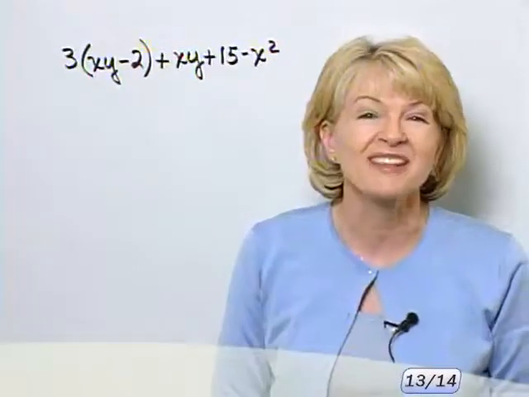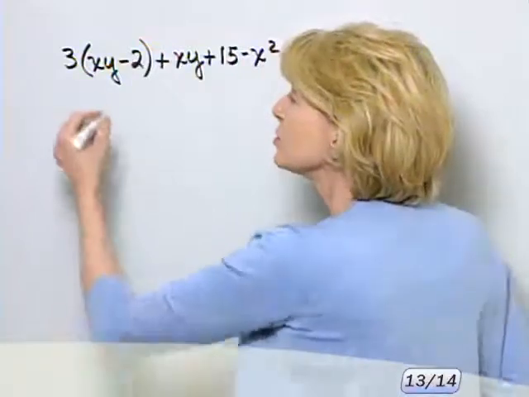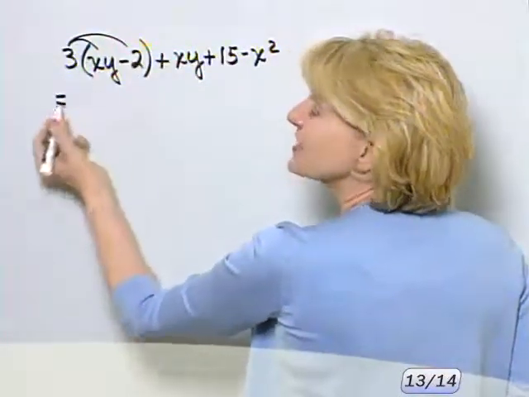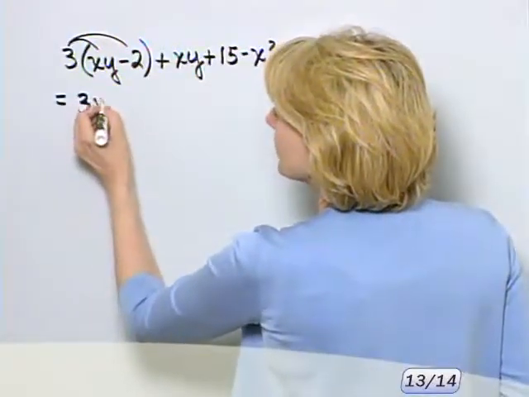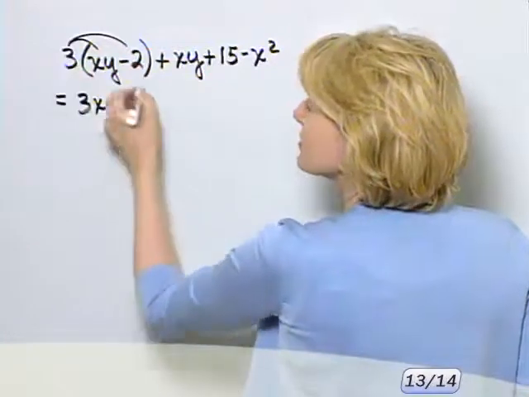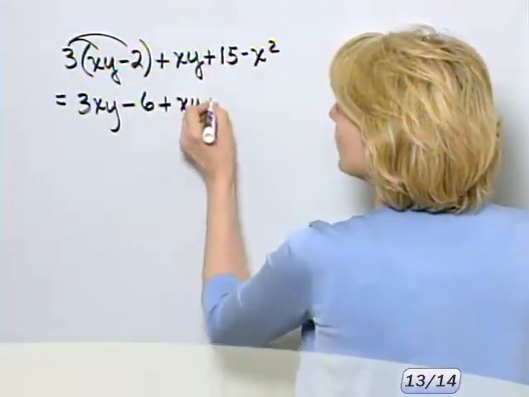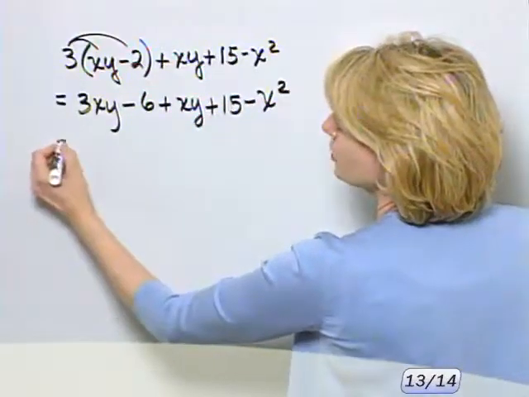Now I want to simplify this expression, so we will first use the distributive property to remove parentheses and multiply. So 3 times xy, or 1xy, is 3xy, minus 3 times 2 is 6, and then plus xy plus 15 minus x squared.